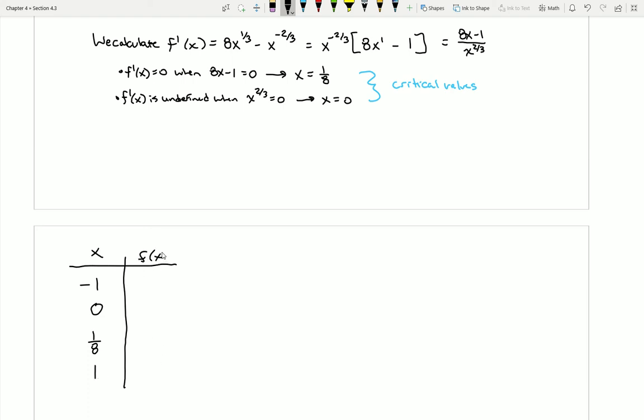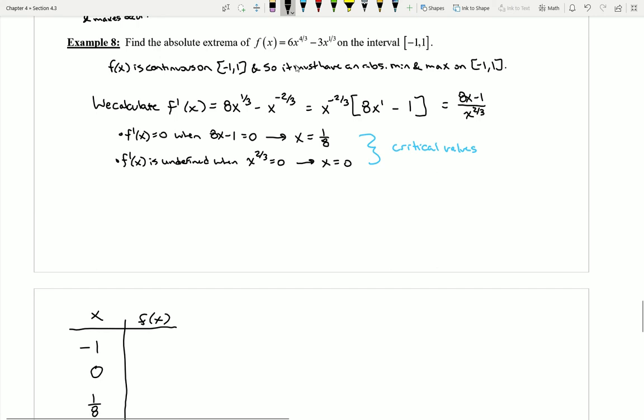And then over here, I'll have to compute the function f of x, evaluated, of course, at each of these individual points. So let's take a look here. Ooh, gosh, this is going to be really messy. Doing something like the 1 and the 0 are going to be pretty easy, because 0 is just going to create 0 here. Notice if I plug in something like -1, this is actually going to get me, what is that going to be, 6 minus 3 times -1.